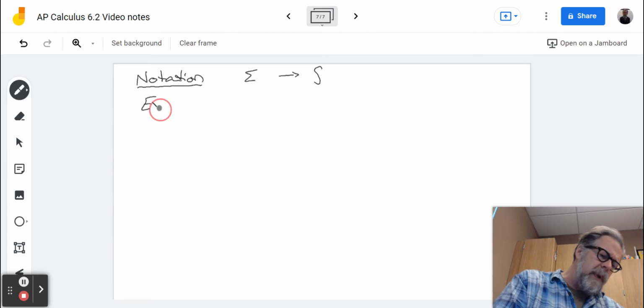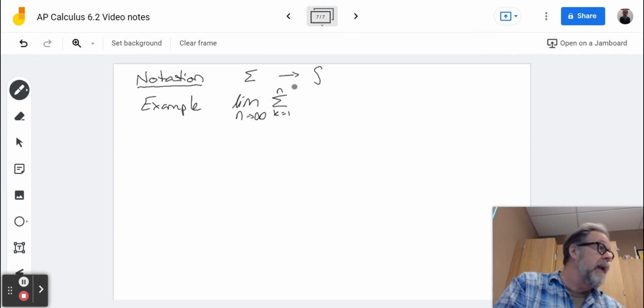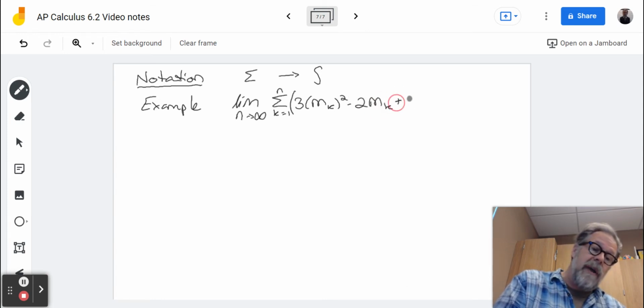So our example is as follows. We want to take the limit as our number of partitions goes to infinity of the sum from our index k equals 1 to n of the following equation: 3 times m sub k squared minus 2 times m sub k plus 5, times delta x.